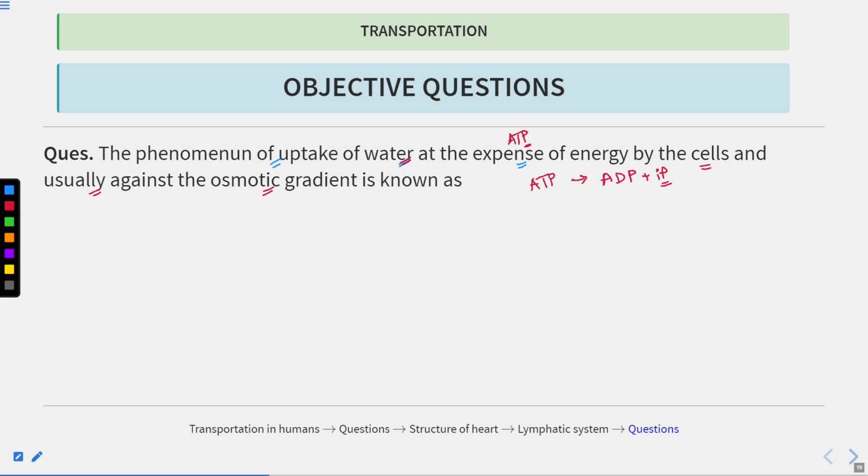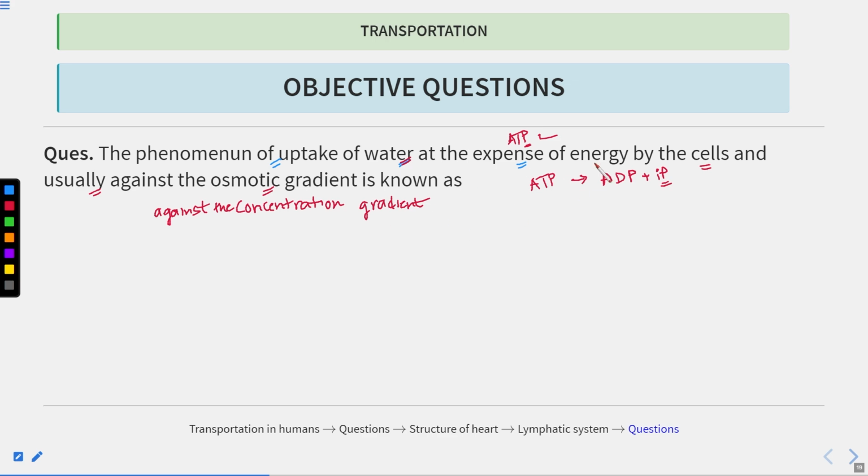It means against the concentration gradient. Whenever you work against the concentration gradient, then energy is required, and that is obtained from the breakdown of ATP.